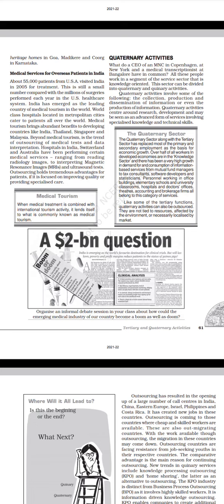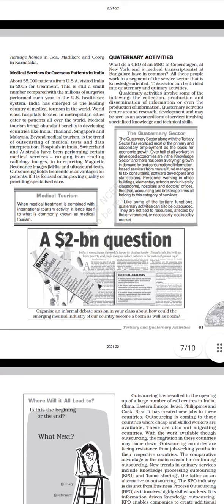The quaternary sector, along with the tertiary sector, has replaced much of the primary and secondary employment as the basis for economic growth. Over half of all workers in developed economies are in the knowledge sectors, and there has been a very high growth in demand for and consumption of information based services, from mutual fund managers to tax consultants, software developers, and statisticians.